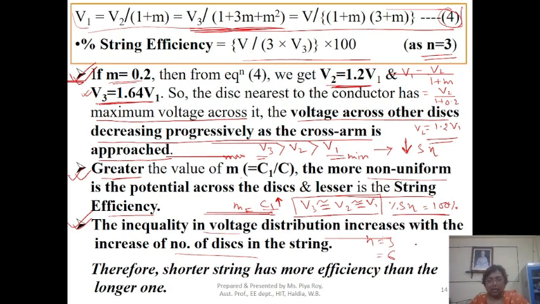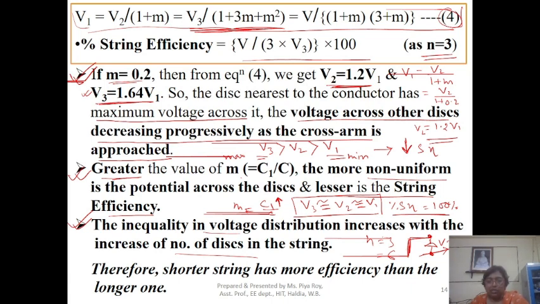Obviously, if we have a single tower, and with it a single disc, and a conductor is connected with it, current is flowing through the conductor, then what will happen? For this case, this is the ground potential, this is the conductor, so the voltage across the disc is the same, V equal to V1, okay.